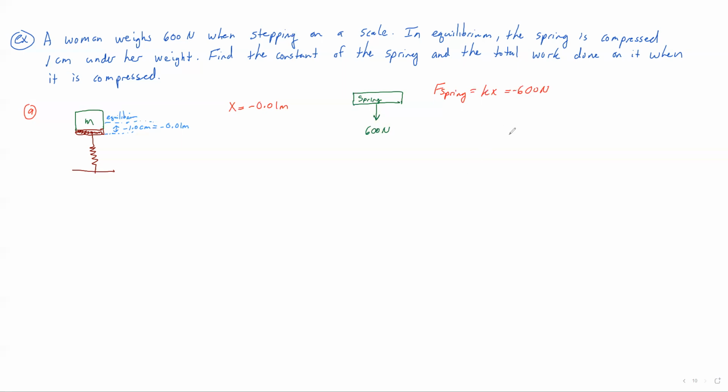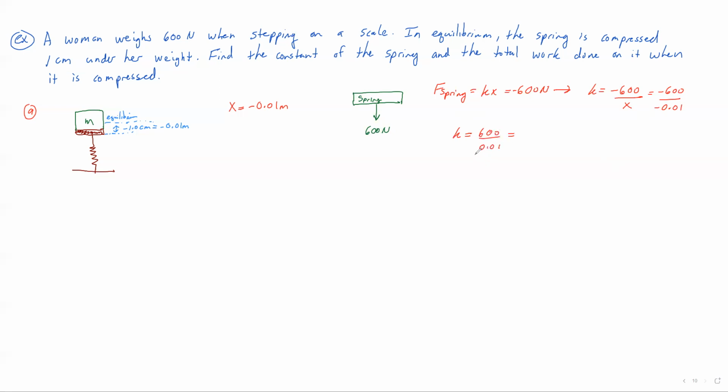So k is negative 600 over x, right? That's negative 600 over negative 0.01. Look, the negatives cancel. So k is just 600 over 0.01.